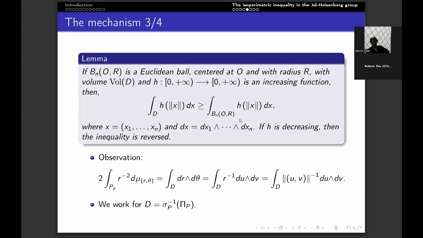We will use this inequality, this lemma here, for n equal to 2, and our set D is practically the preimage of this region here using the section map at the point P in the boundary. And this function here practically is the function 1 divided by t, where t is practically the norm of u and v.